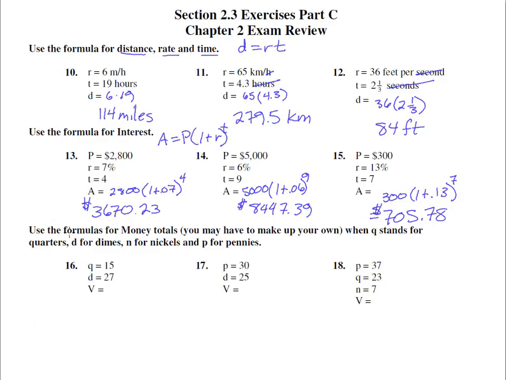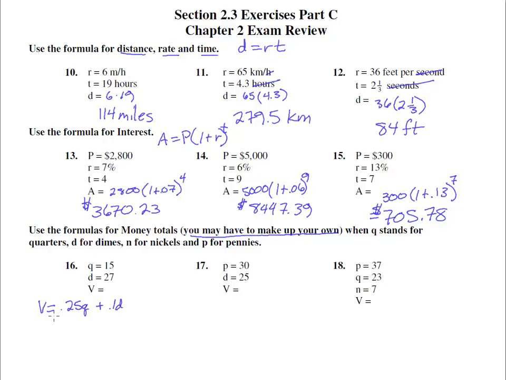Number 16, using the formula for money totals, and you may have to make up your own. So let's look at each one of them to see what we get. Q stands for quarters, D for dimes, and N for nickels. So on this one, the total value is going to equal, we have quarters and dimes, so it's going to be 0.25 for the number of quarters plus 0.10 for the number of dimes.